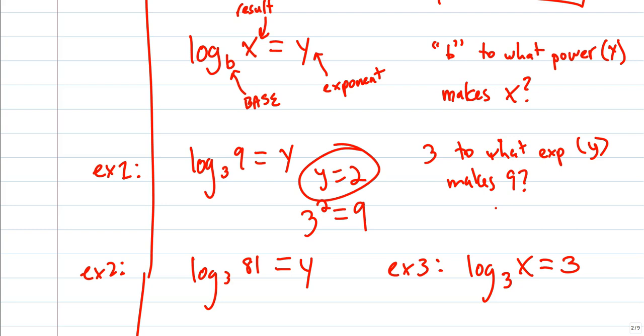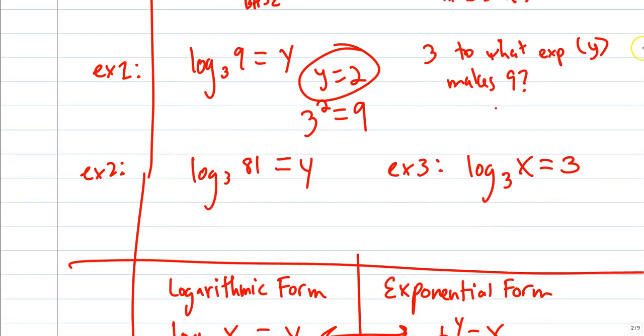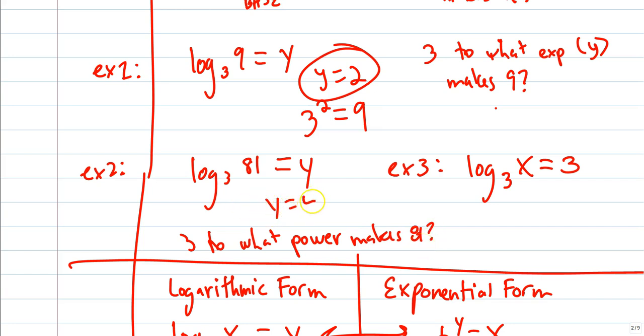Log base 3 of 81 is y. Seems like utter nonsense. But if I read this as 3 to what power makes 81? Well, that would be 3 to the 4th power. Log base 3 of x is 3. You should be getting good at these by now. 3 to this power makes x.